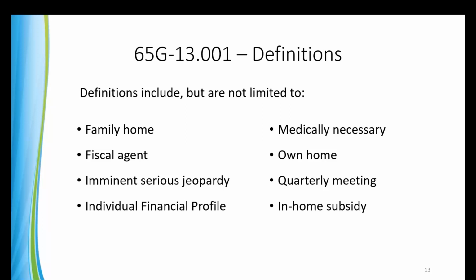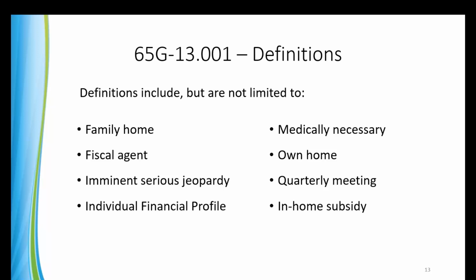The difference between a family home and a person's own home. A person's own home is where they live in what we refer to, when we're talking about a supported living setting. When a person lives in their own home, they get to choose it. They rent it or own it in their own name, so they have the lease. They control it. They live in it as their primary place of residence. That is their own home.